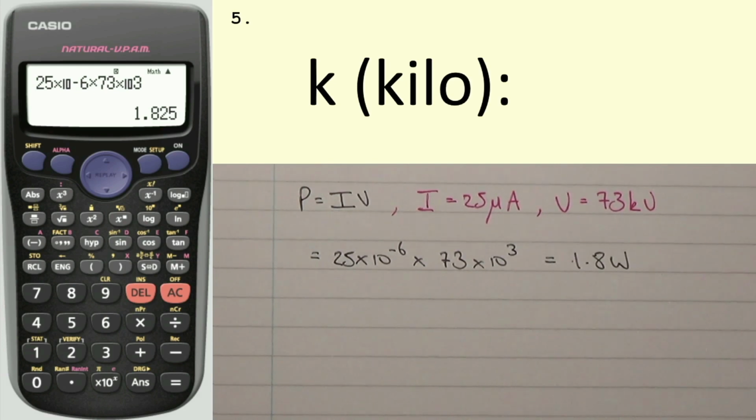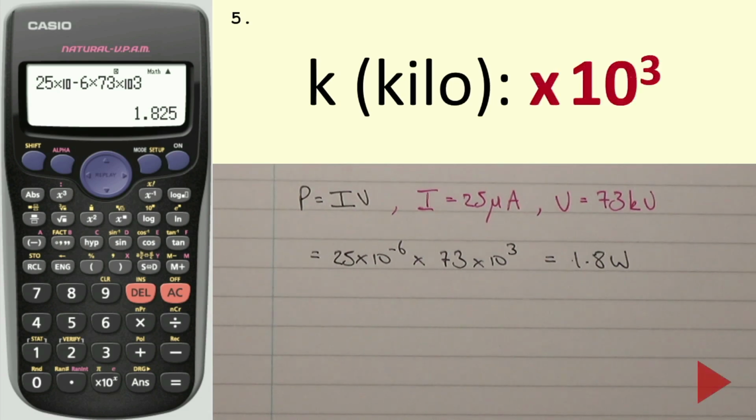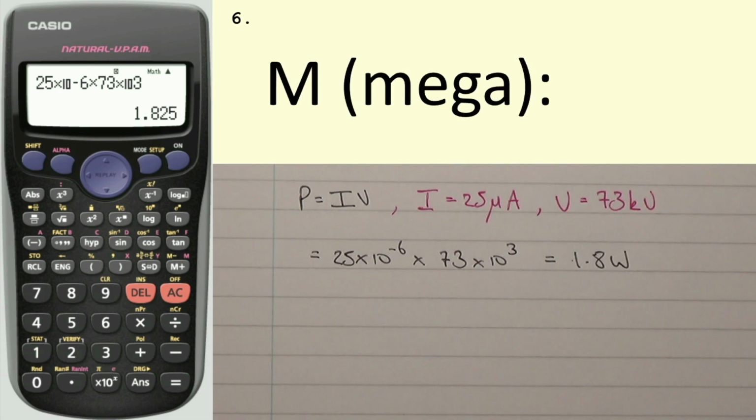Anything else, as I said, kilovolts change to volts, kiloamps change to amps, kilowatts change to watts, and so on. So kilo is times 10 to the power of 3. And the last one is mega, which is times 10 to the power of 6.